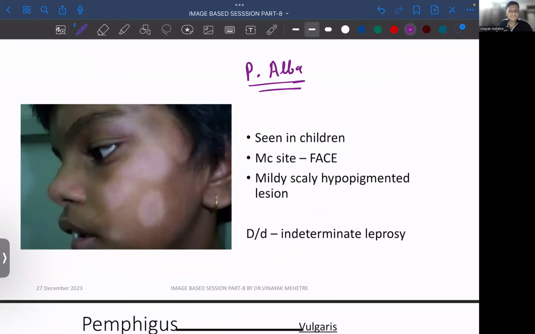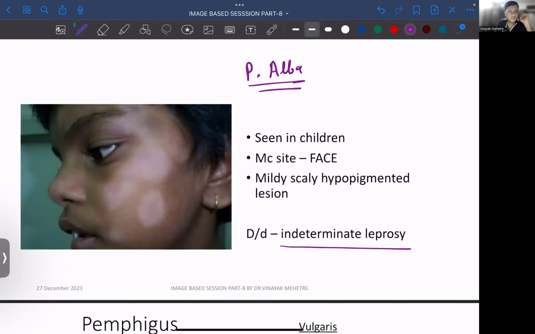Same image, exact same image, with just the addition of loss of sensation or anesthesia of the patch, the answer changes. The answer will be leprosy.